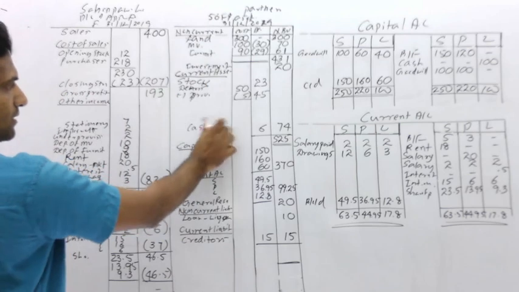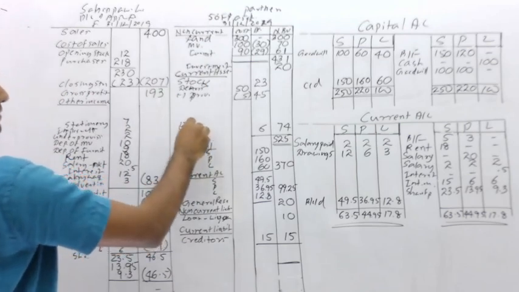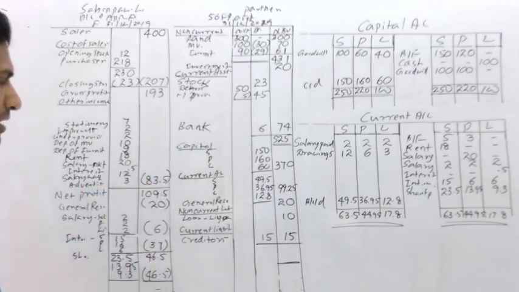Cash balance I have taken. Bank, it is cash and bank same. I haven't taken something. What is it?